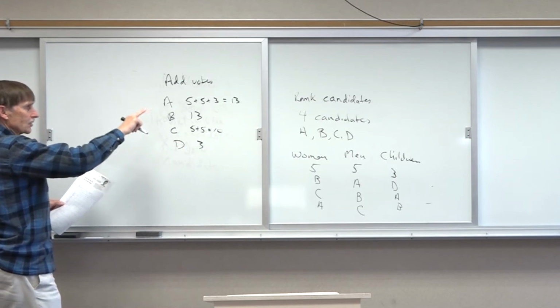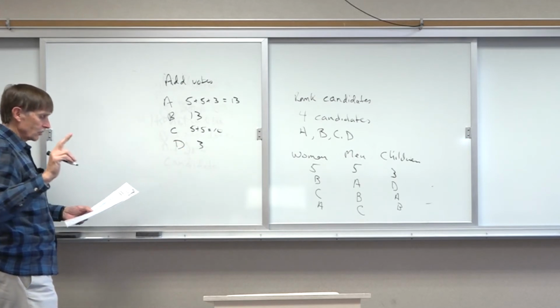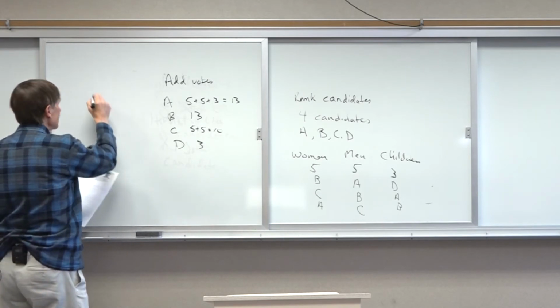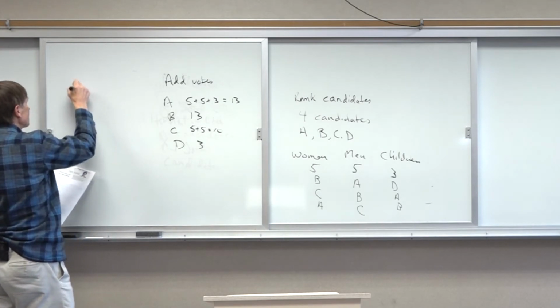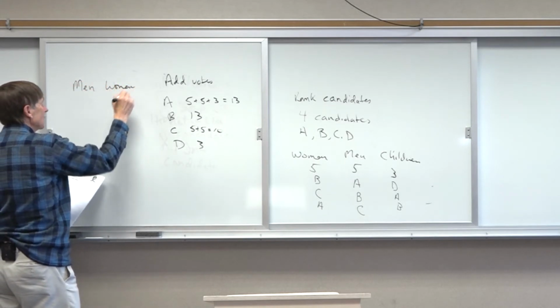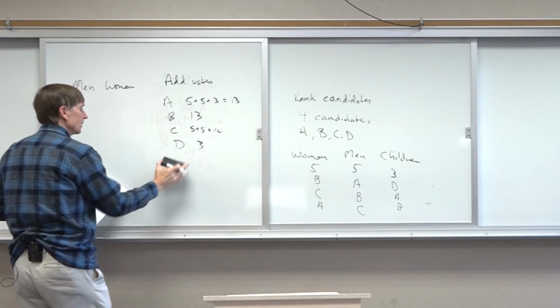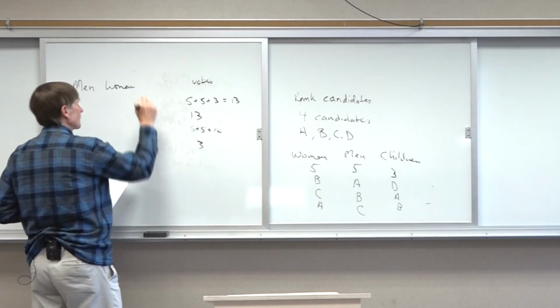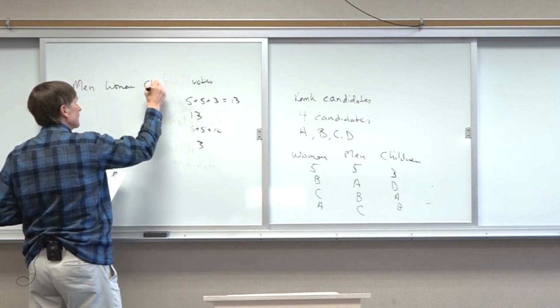So then if we go to look at the rankings, now because there's 3 candidates left, you only get 2 that you can rank. So let's say the men, we'll just put men, women, and children.